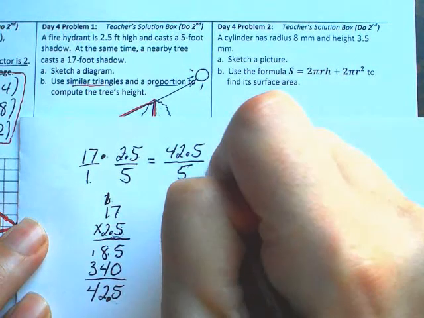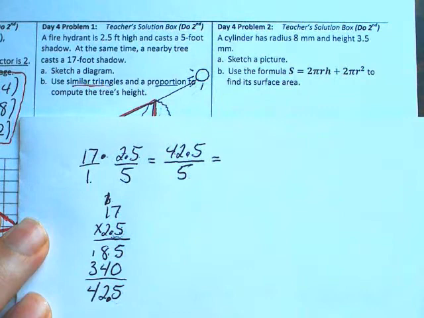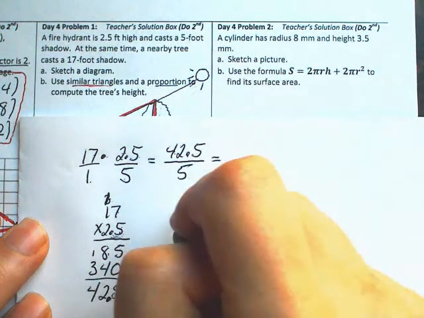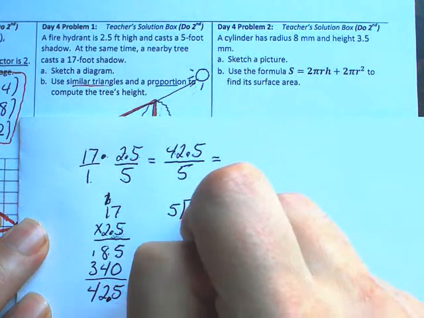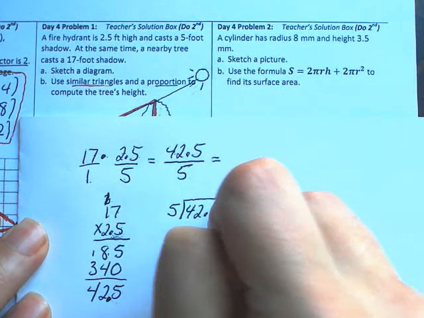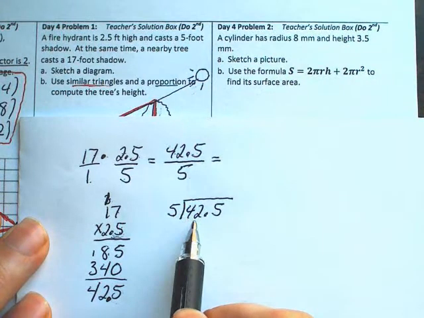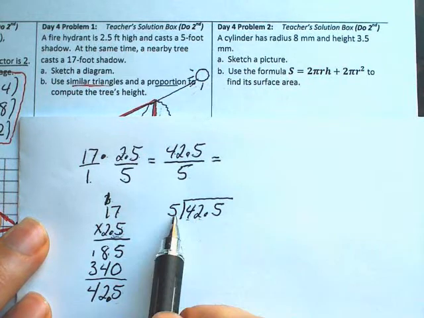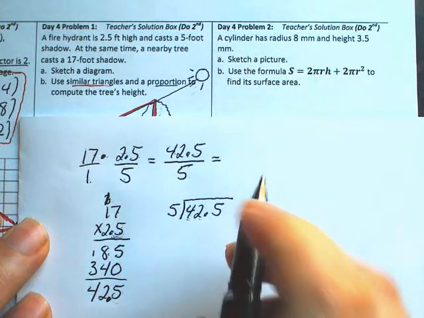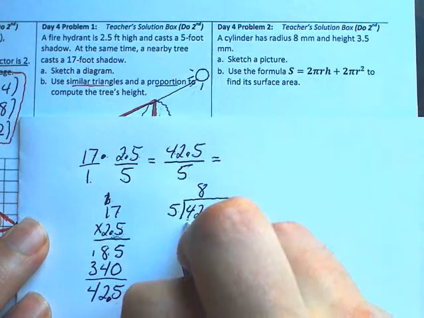Let's figure out what that makes. 42.5 divided by 5. Okay. So 5 divides into 42.5. 5 does not divide into 4, so instead of using 4, let's use these numbers together as 42. 5 divides into 42 8 times. 8 times 5 is 40.